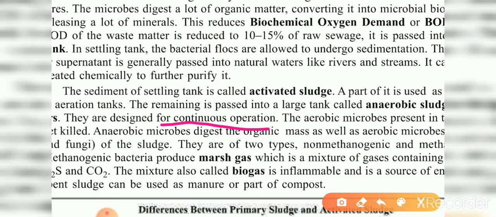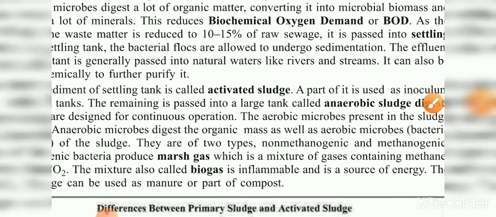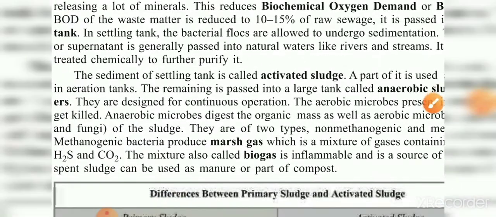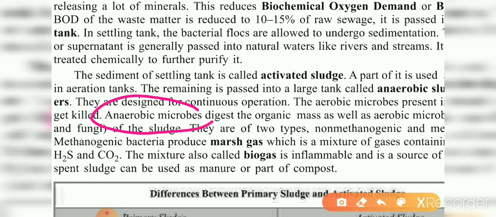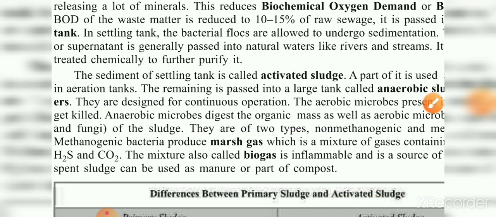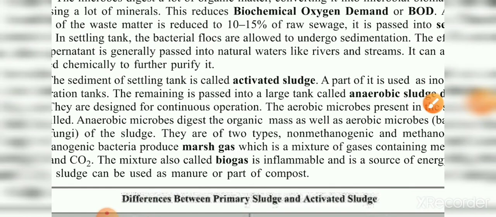When we put it into the anaerobic sludge digester tank, all the microbes present in that activated sludge, the aerobic microbes, get killed there. And the anaerobic microbes further digest the organic mass which was present in that sludge. There are two types of anaerobic microbes there. They can be non-methanogenic, they can be methanogenic.